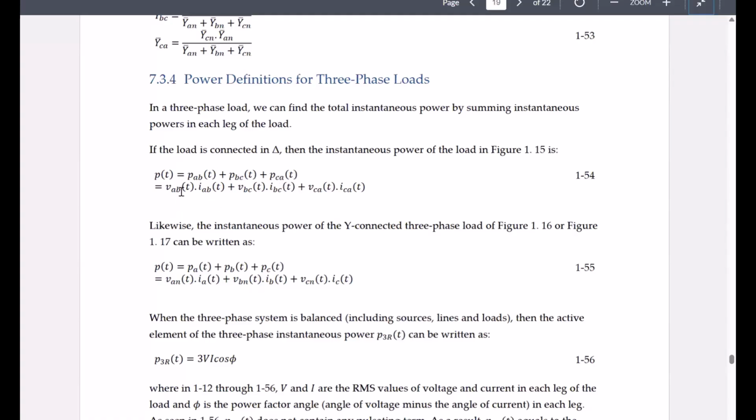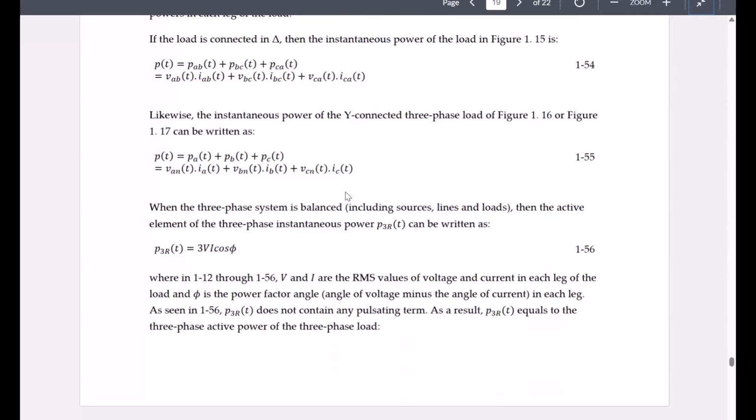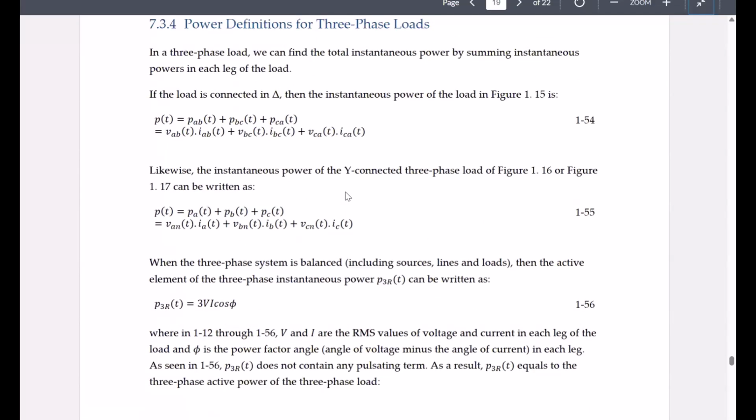And obviously, PAB would be VAB times IAB, and so on. If the component is Y-connected, then again it is PA plus PB plus PC, or VAN times IA plus VBN times IB plus VCN times IC.